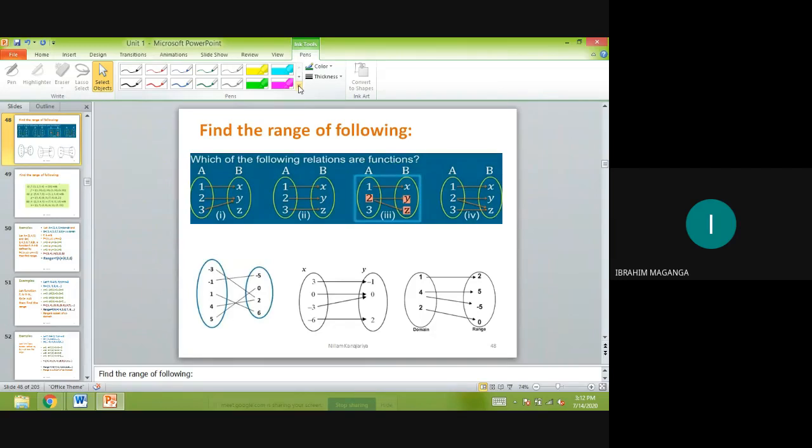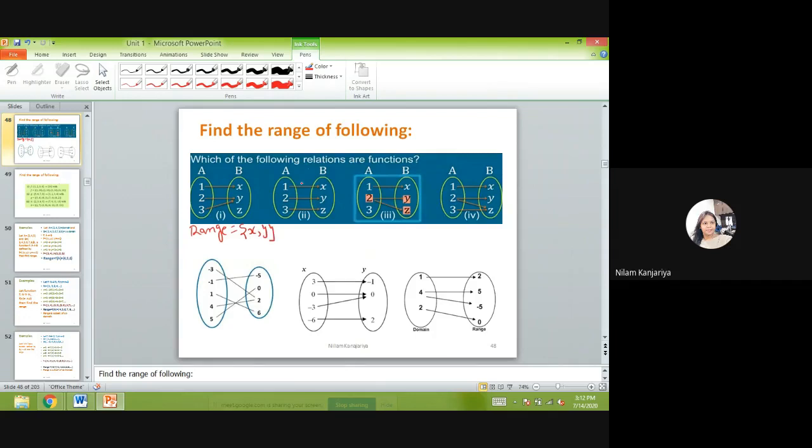And the range of the first one is x and y. The other element is not making any relation with A, so it is not in the range. So the range of the first function is x and y.